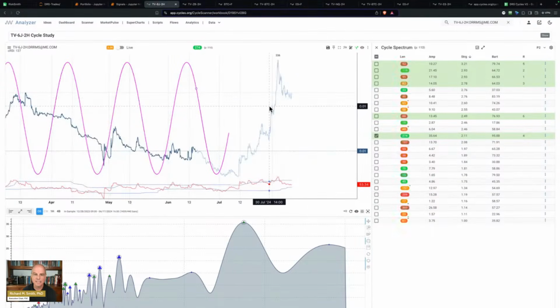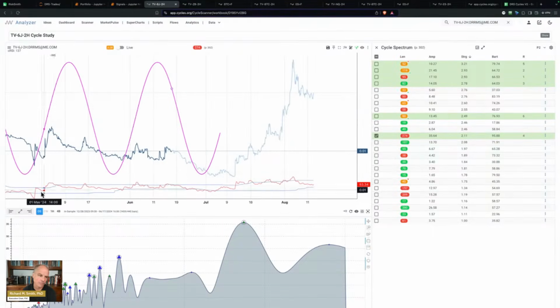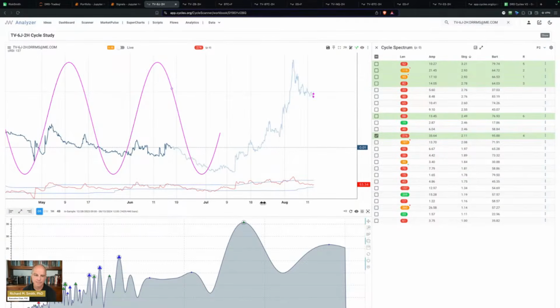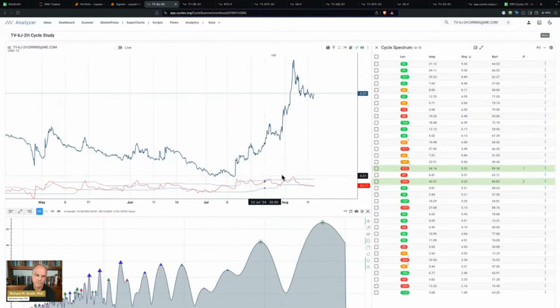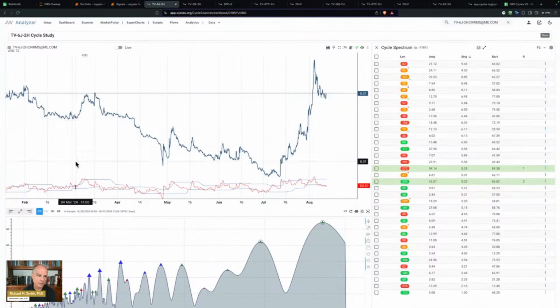So this is the yen futures contracts, okay? Let's use a little less data.